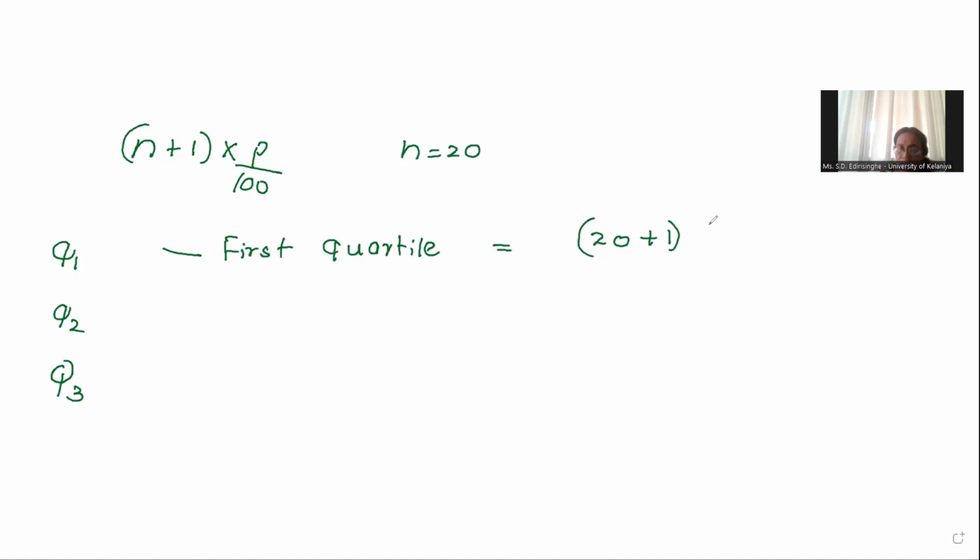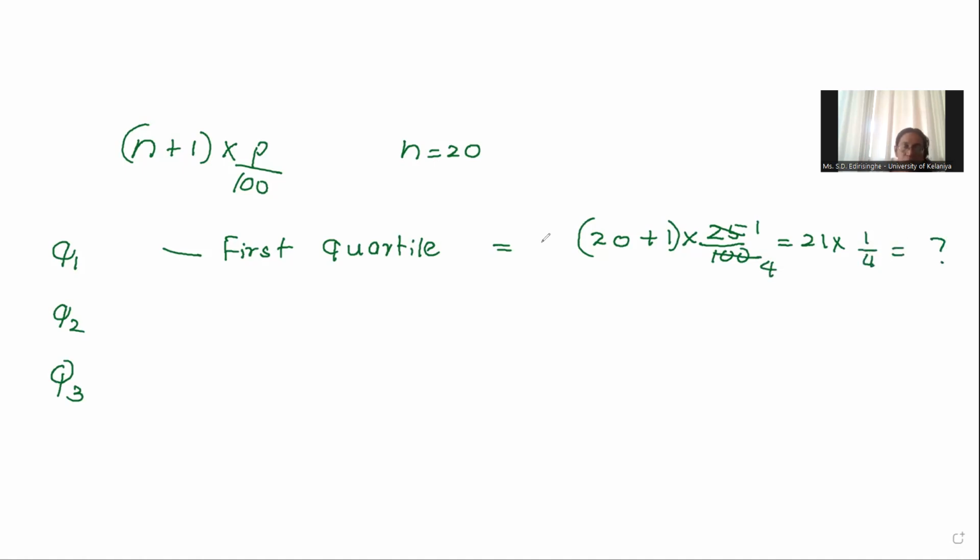Here p is 25 divided by 100. So 20 plus 1 is 21, multiplied by 1 upon 4. So you will get the position here.